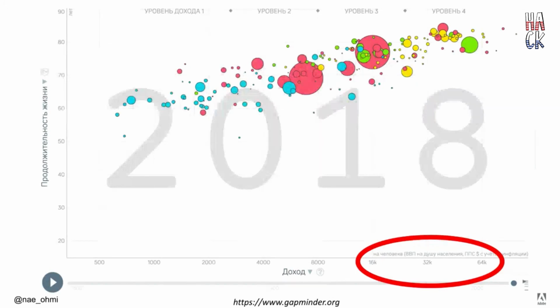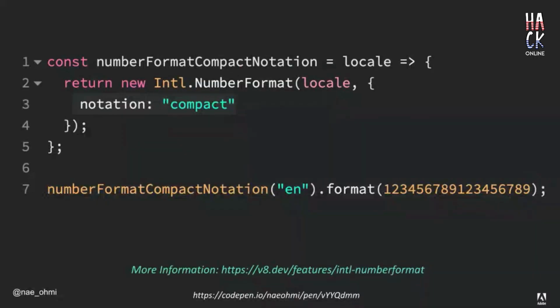But that's not the correct locale-aware compact notation of 16,000 in Russian. So we can fix this bug using the same JavaScript Intl object. And we can pass in the notation as compact, which is an optional parameter. And I'm really excited about these optional parameters because they're currently in experiment mode and they're available in Chrome, and hopefully in the future they'll be available in additional browsers.